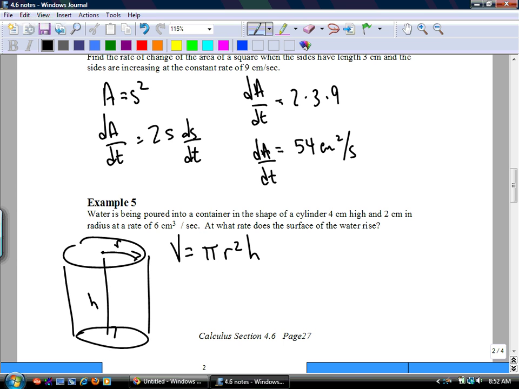Then you freak out. Mr. App, there are 2 variables here. I need to use the product rule. No, you don't. Why not? H changes, r doesn't. When you pour water into a container, does its radius change?